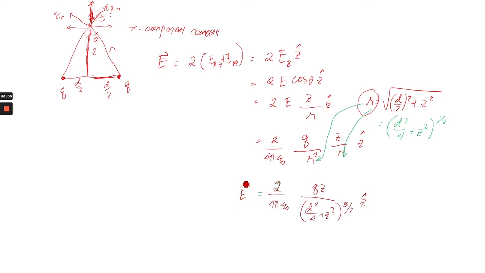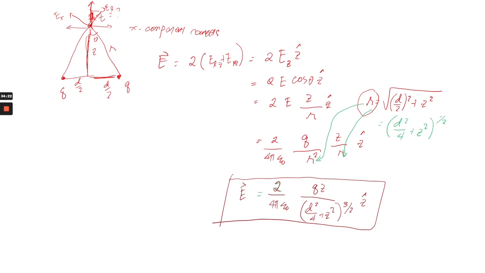So that is now my electric field at point P, because of these two charges which are both of magnitude Q and separated by a distance d apart. So this is now my calculated electric field. I hope this is clear.